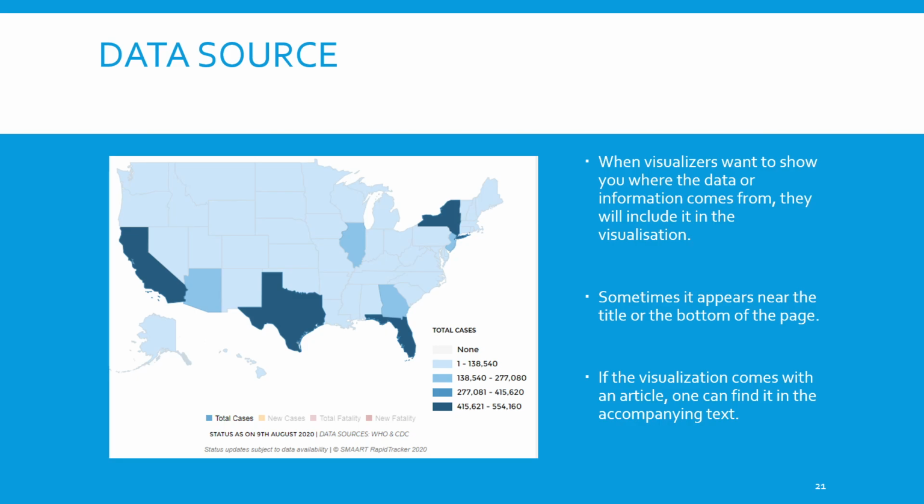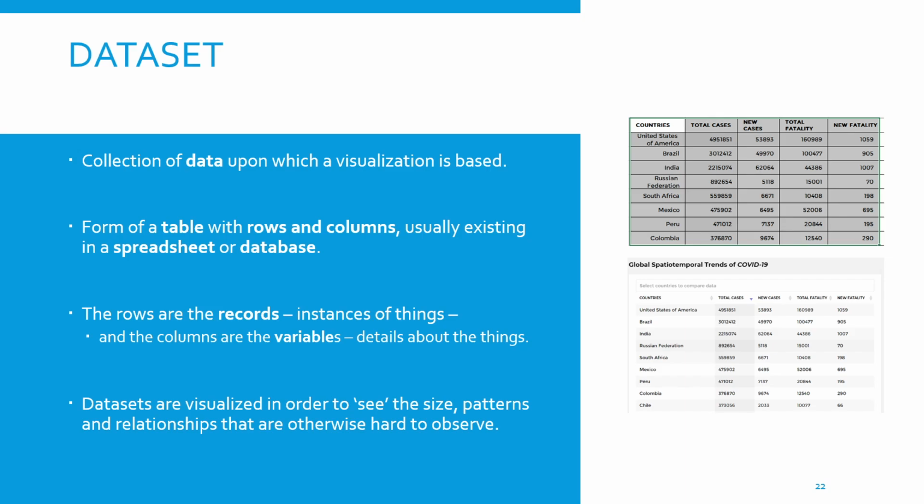Usually you are going to find that reference at the bottom of the visualizations, and in this case we can see that the data source is the World Health Organization and CDC. Sometimes we can have additional information about that.